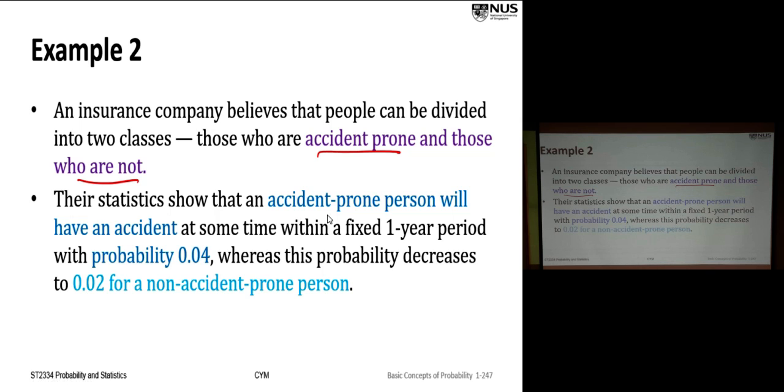So accident-prone with accident probability equal 0.04. While for non-accident-prone, the probability is 0.02. If 0.04 changes to 0.02, what does it mean?